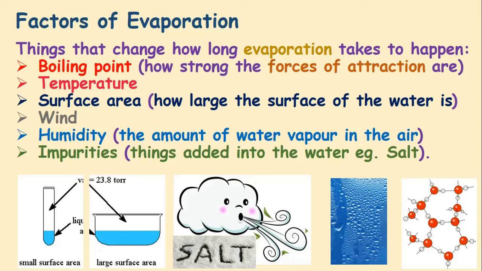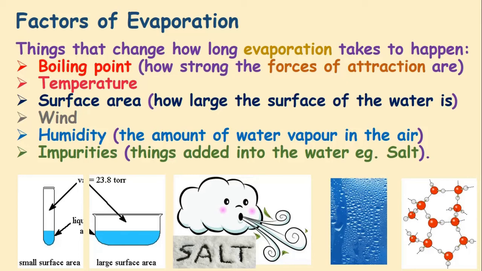The other factors then are temperature, surface area, that is how large the surface of the water is. A really good picture for that is down below on the left. So you can see that water in a test tube has a smaller surface area than water in a bowl, where it has a larger surface area.